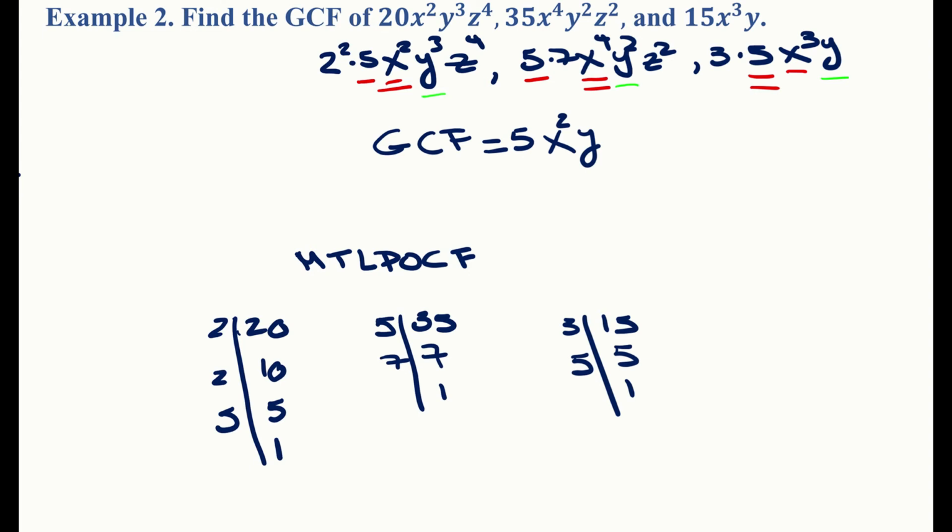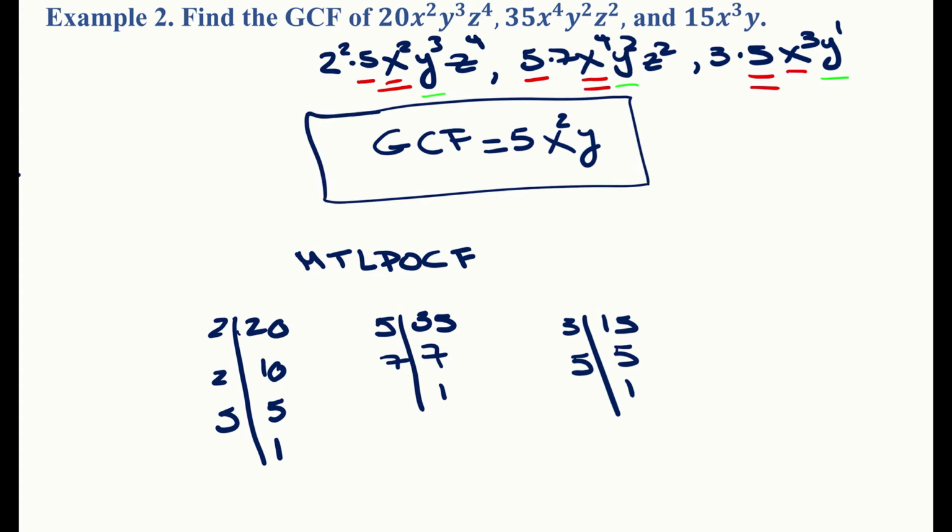So of those 3 that we have marked in green, which one has the lowest power? Obviously the y itself, because as we know, there's an invisible 1 there, so that's going to be the lowest power. So our GCF here is going to be 5x squared y. And that's how you handle something like that.